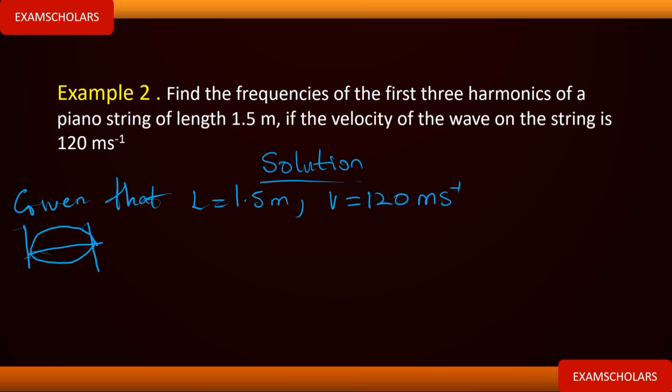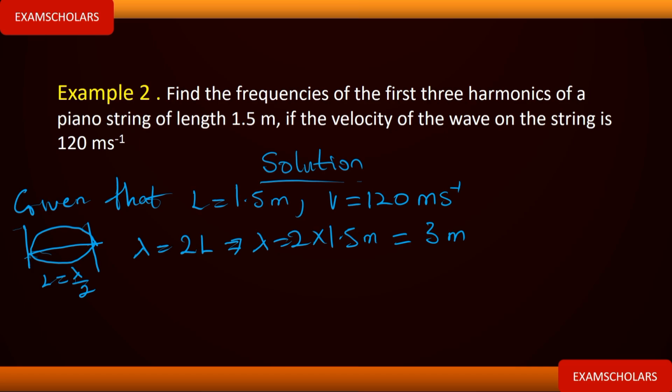So L is equal to lambda over 2, so lambda is equal to 2L. Let's find the wavelength, lambda, which is 2 times 1.5 meter, and that gives you 3 meter.